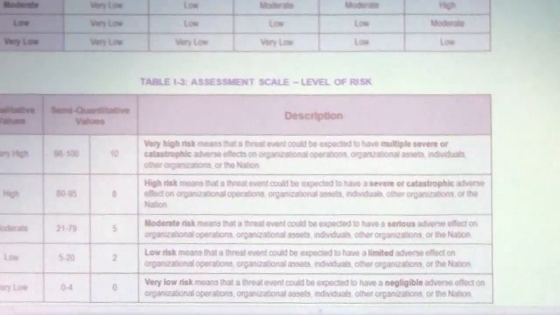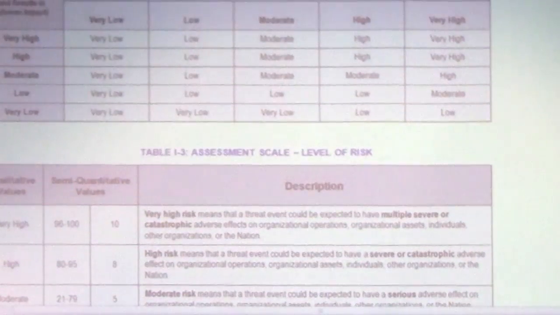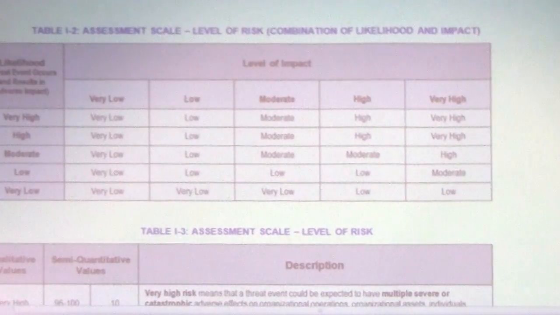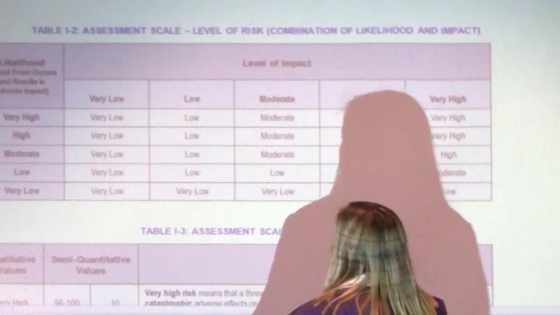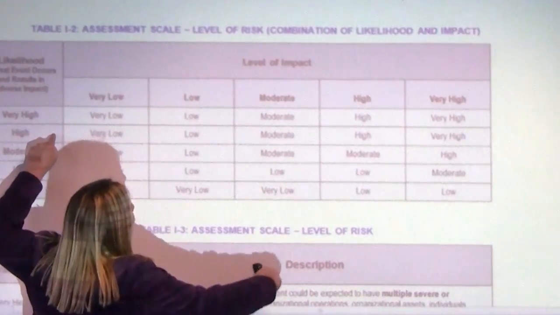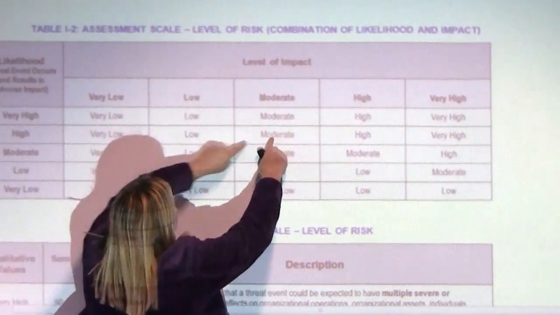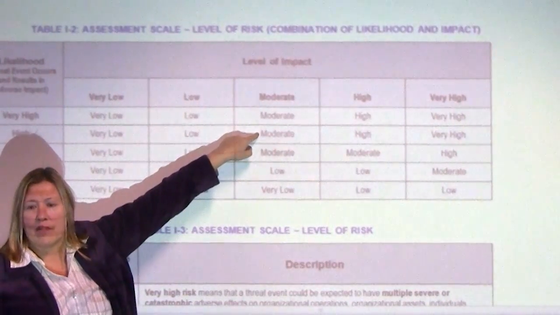So this table here, I3, is for if you've used the semi-quantitative scales; it just translates the scale to high, moderate, or low, so that you can use table I2, another one of the same matrix type of tables. If you said your overall likelihood was high, but your impact was moderate, then you're going to come out with moderate risk.